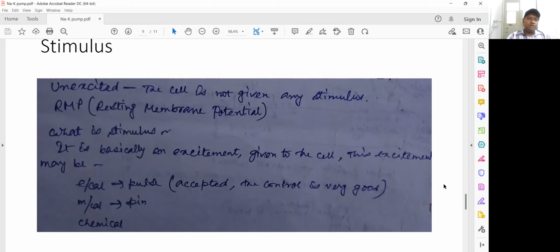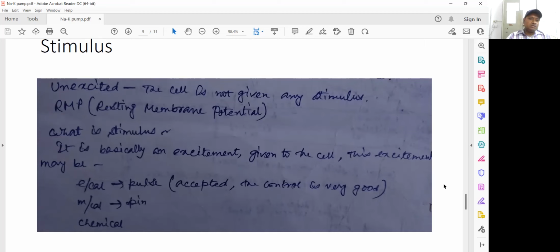The stimulus may be electrical pulses, mechanical pulses applied with some pin, or a chemical stimulus provided as an injection to the cell, such that the natural 90 millivolt, the natural sodium potassium pump, will not be maintained.